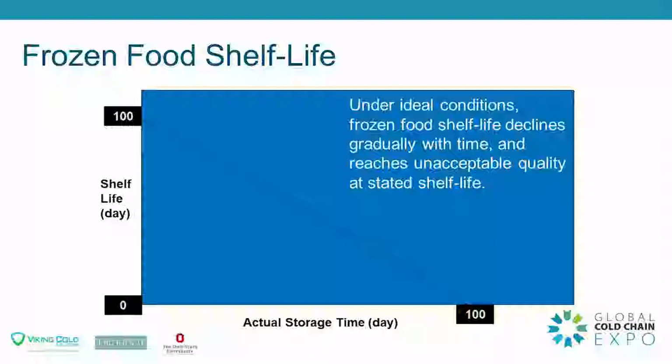Now, the shape of that curve may not always be linear like I've shown it, but it nevertheless declines, and when time reaches 100 days of storage, or whatever days it has taken to distribute that product, the shelf life, that means the quality has now reached a point where it's probably no longer acceptable to the consumer. So that shelf life is temperature dependent, like shown here.